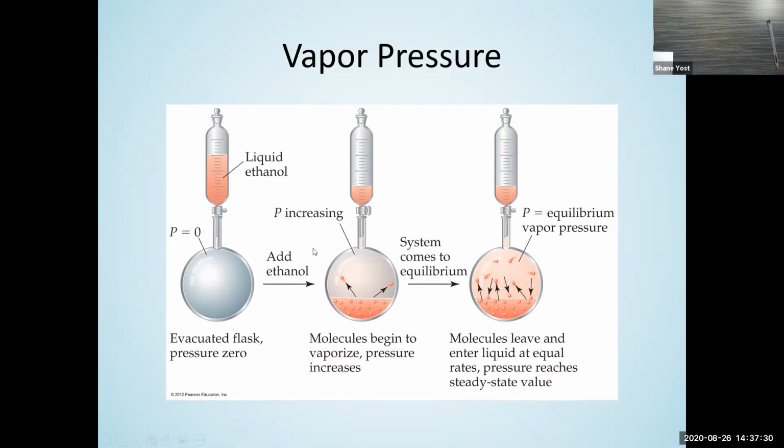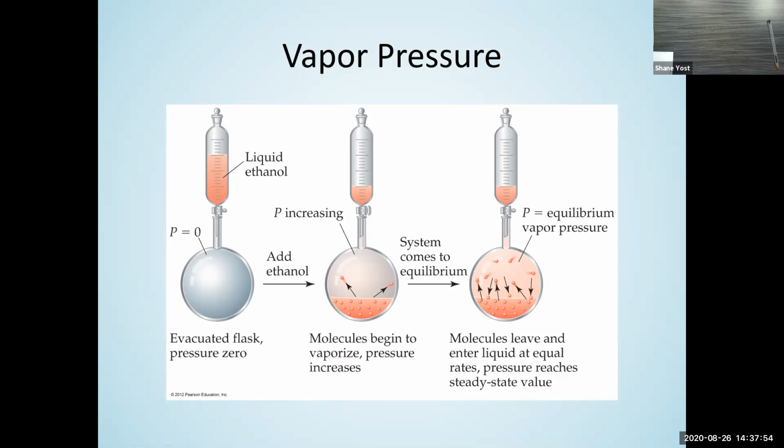So in this apparatus, you have an empty container, you put in some liquid. What happens is some of those liquid atoms or molecules on the surface go into the gas phase. They bounce around in the gas phase, and eventually some of those gas phase molecules can hit the surface of the liquid and condense back down into the liquid phase.